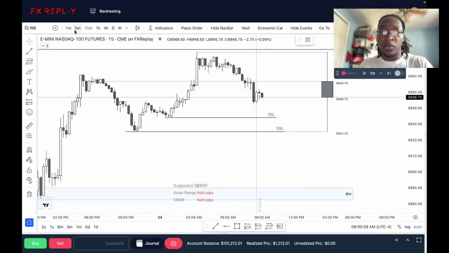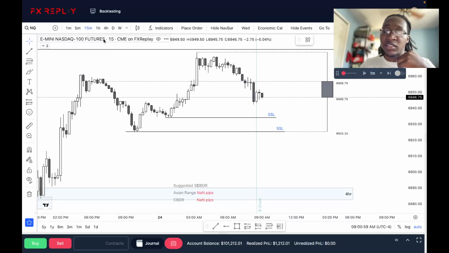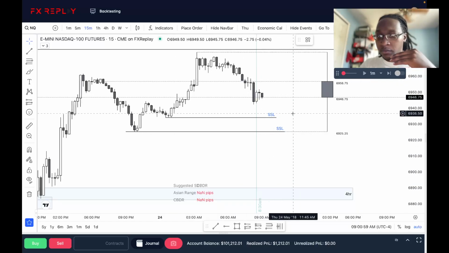So if I'm looking to take 1 minute entries, FX cartel, what I may look for is a 15 minute or a 5 minute change in state of delivery and then look at the 1 minute for that fair value gap.